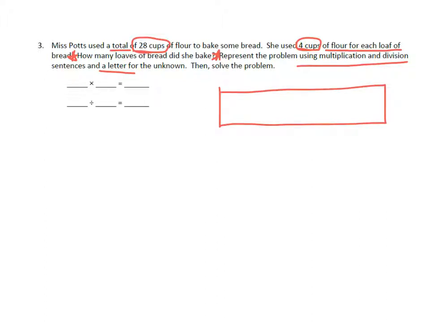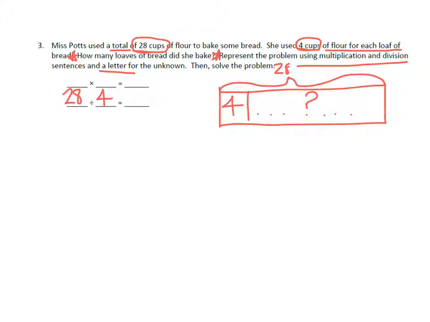The first part says that there was a total of 28 cups, so I'm going to write that on my tape diagram. It says that she used 4 cups for each loaf, but I'm not sure how many loaves there are total. So, if I had a division sentence, I'm going to take my total, 28 divided by 4 is equal to something.